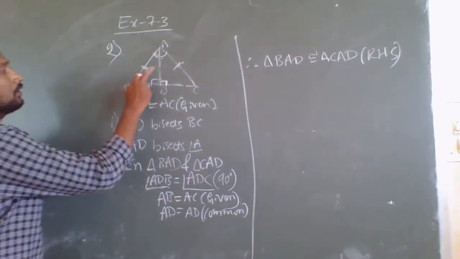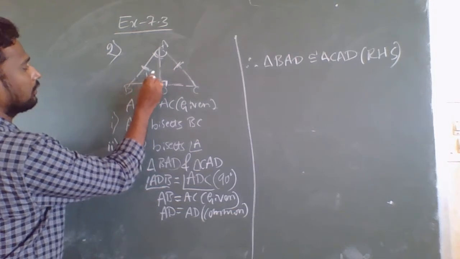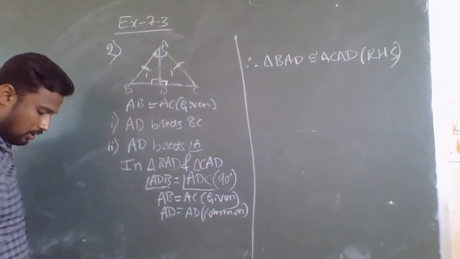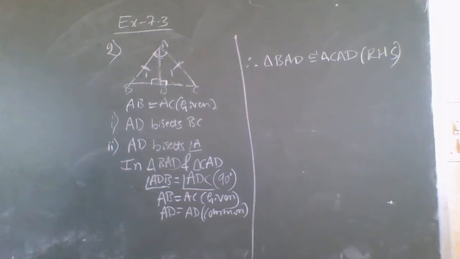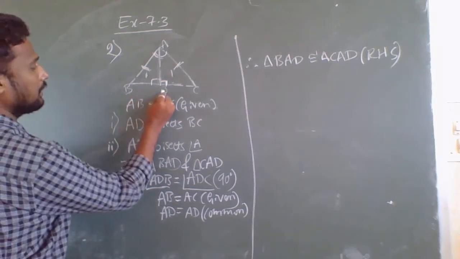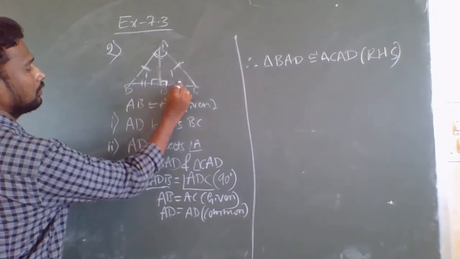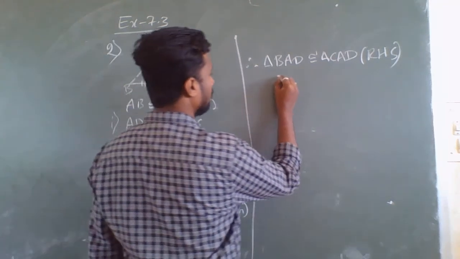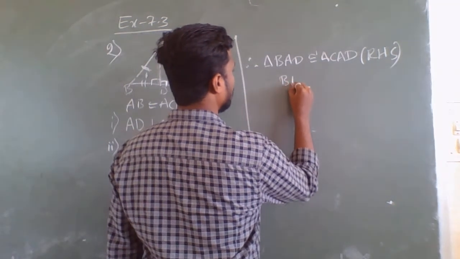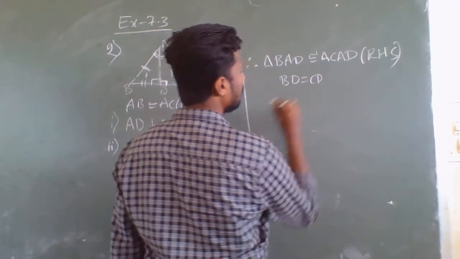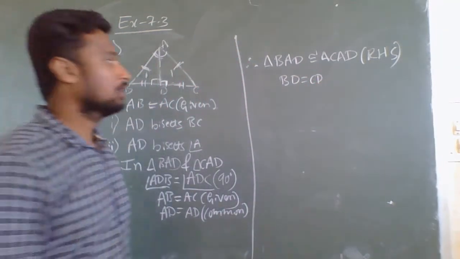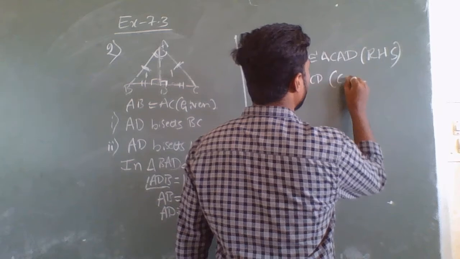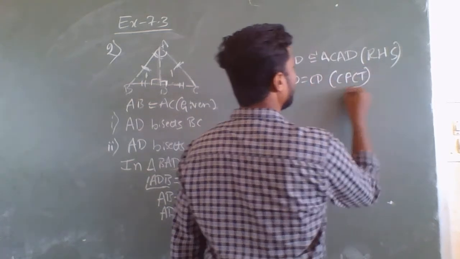Therefore, if this triangle and this triangle are congruent, then we can say that BD is equal to CD, because these two sides are corresponding parts of congruent triangles.